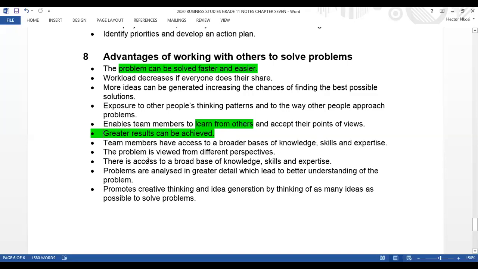Also, the problems are analyzed in greater detail, which leads to a better understanding of the problem. I hope it makes sense. Now, also, this promotes creative thinking and idea generation by thinking of as many ideas as possible to solve problems. So, working with people basically to solve problems, it also on its own promotes creative thinking.